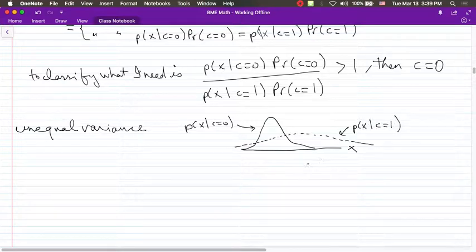So obviously the variances of the two distributions are different. So what's going to be my marginal? Well, let's assume that my prior probabilities are the same, so my marginal is going to look something like this, with a long tail.